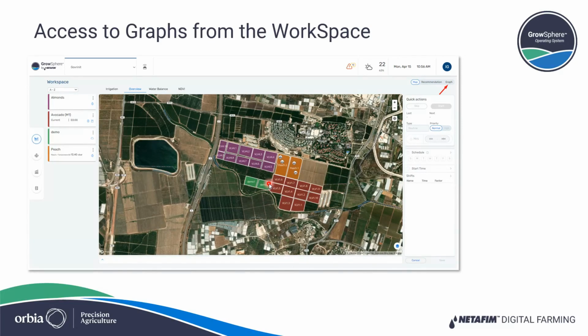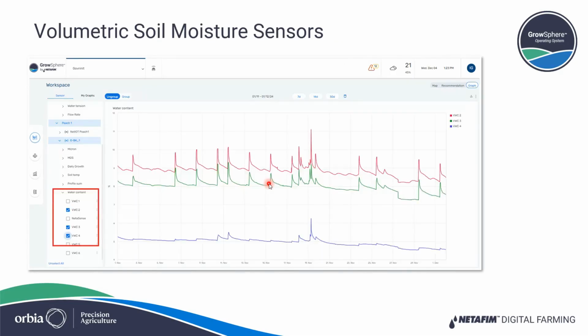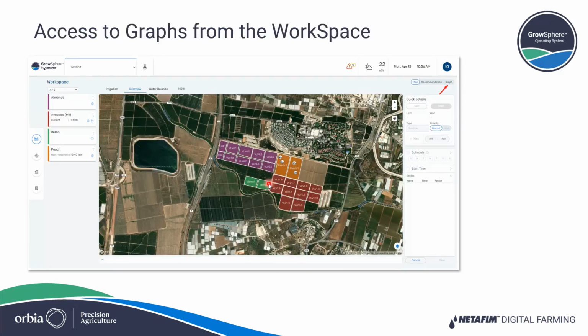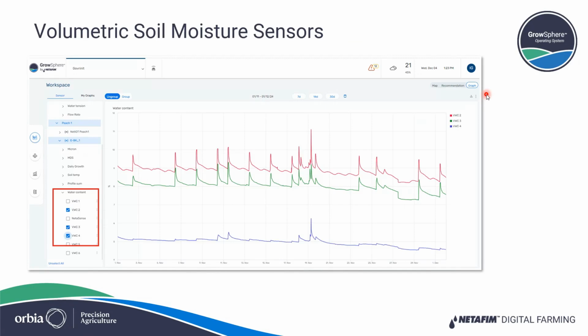So this is the workspace. In order to go to the graph section, you have the red arrow on the right-hand side, the graph. Once you click on it, you have the list of the devices on the left-hand side. You can choose which sensor you wish to present.